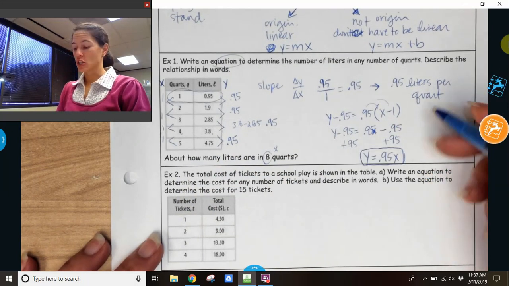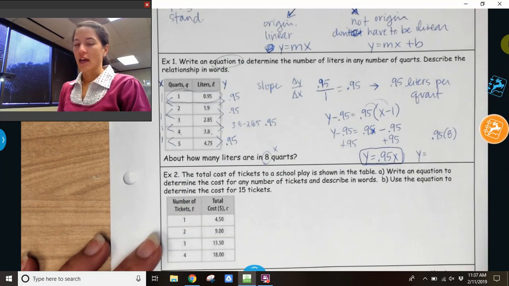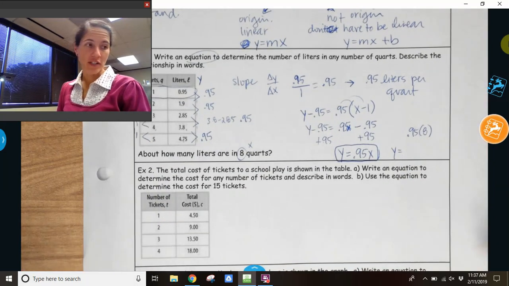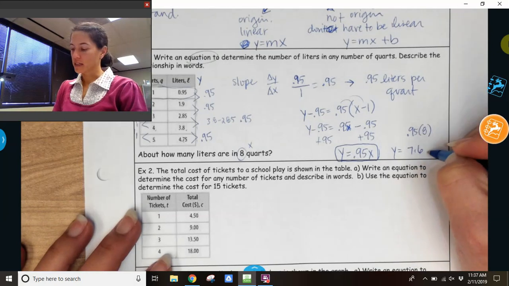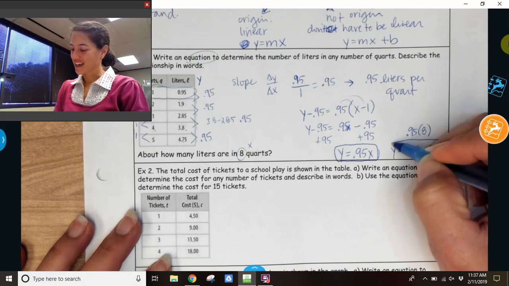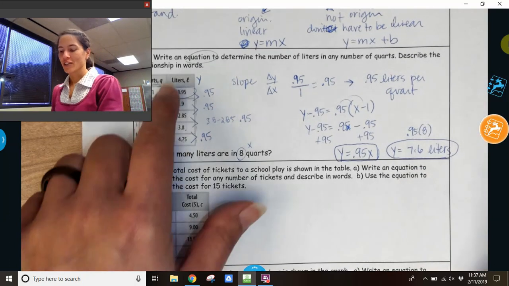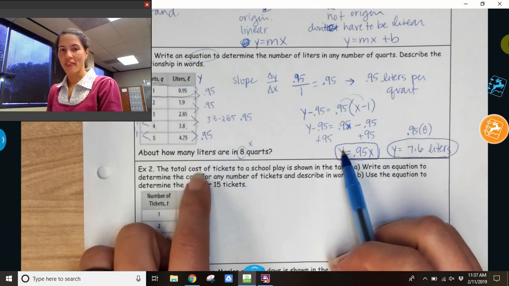So I'm going to substitute that in. And my answer, 0.95 times 8, you can use your calculator, but it's about 7.6 liters in 8 quarts. So I wrote an equation, and then I solved it.